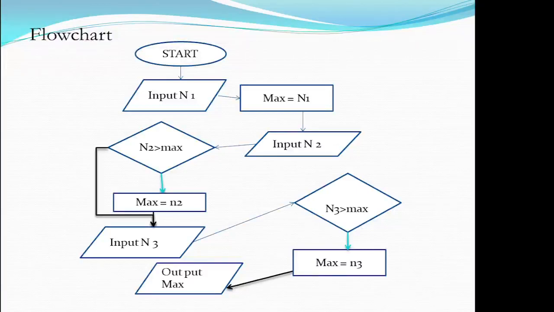So the maximum number is n1 or n2, based on this condition, which means n2 is greater than max. So if it is no, it will jump over max equals n3 and come directly, taking the value of n1 or n2, whichever is the largest number. Okay, so we will make the output for that.